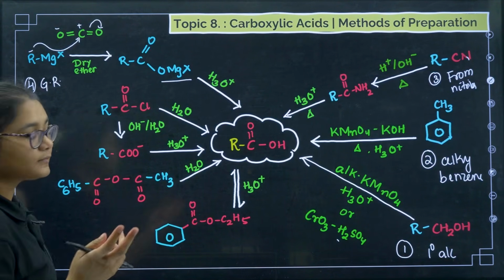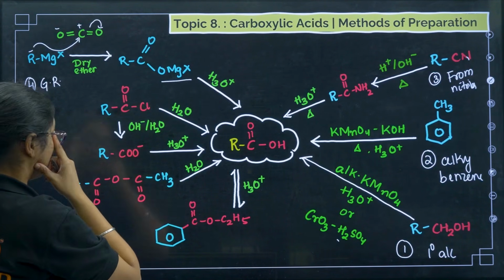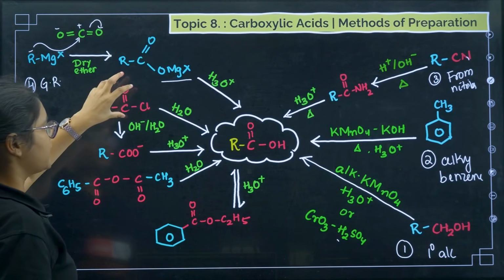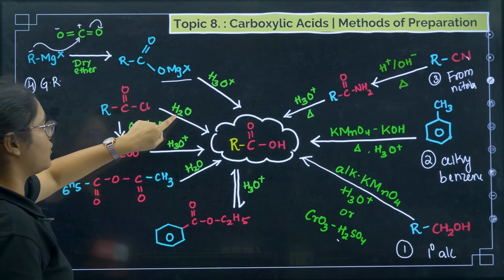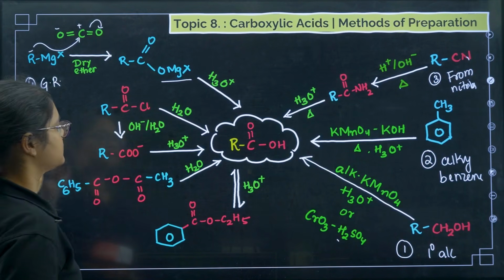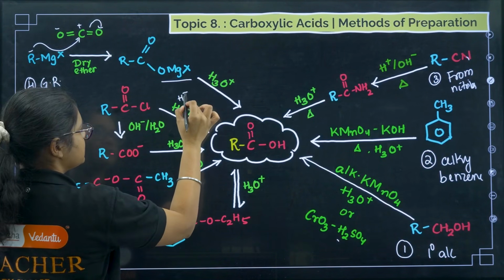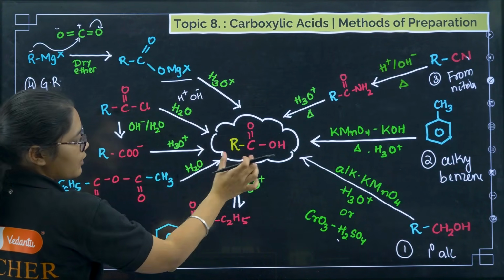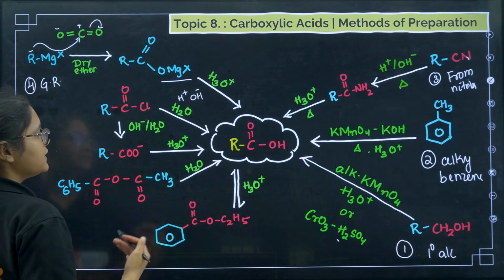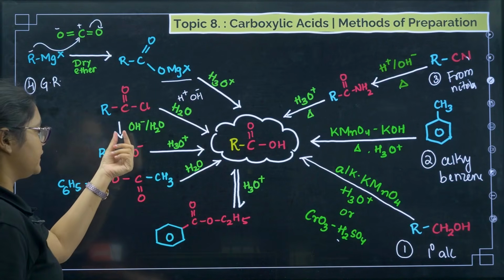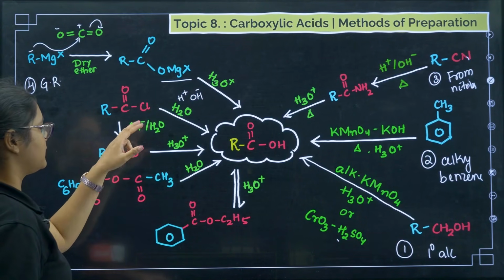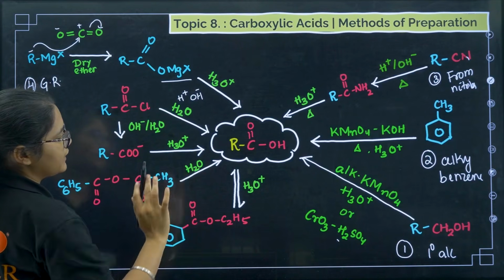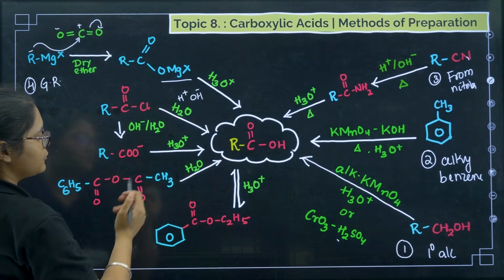Next, the fifth one is using acyl chlorides, and we had one more thing, anhydrides. If you treat acyl chloride directly with water, with H plus and OH minus, OH minus can attack here, Cl will go out, and you will get this one. Or there is another method: you first treat with water in basic medium, so that you get COO minus, and then you treat it with H3O plus. Both methods are possible.